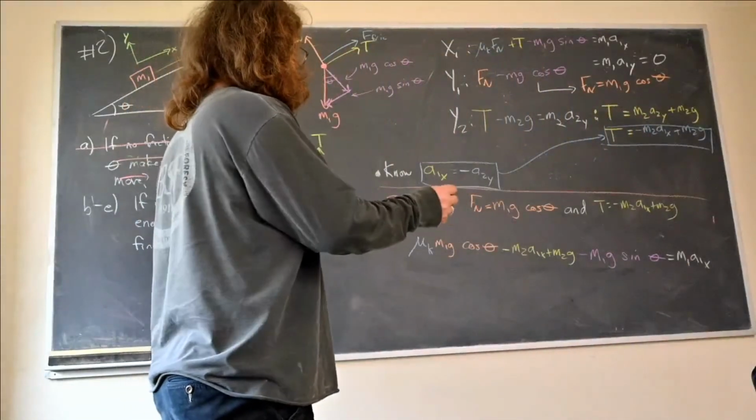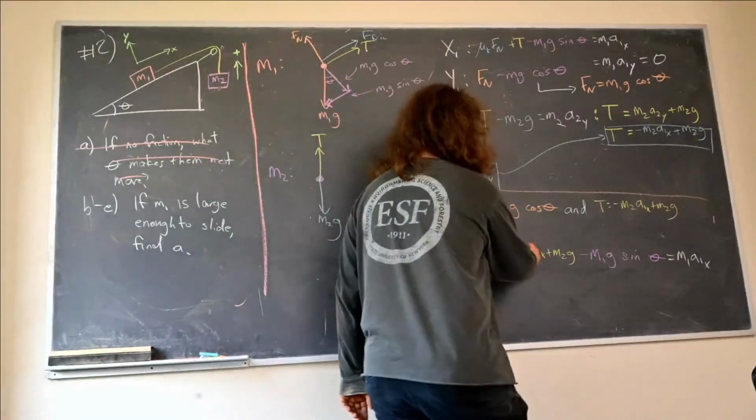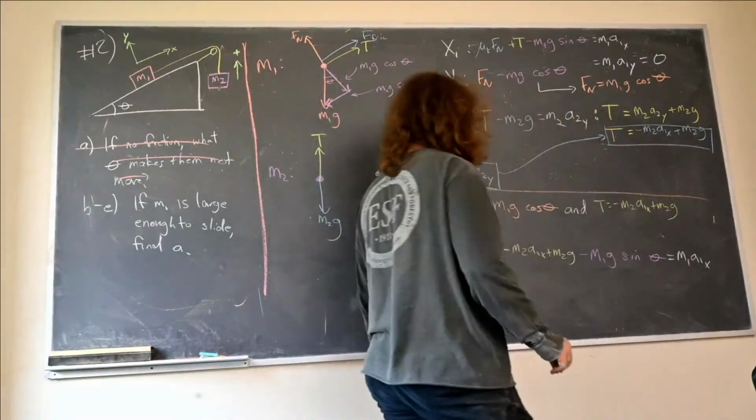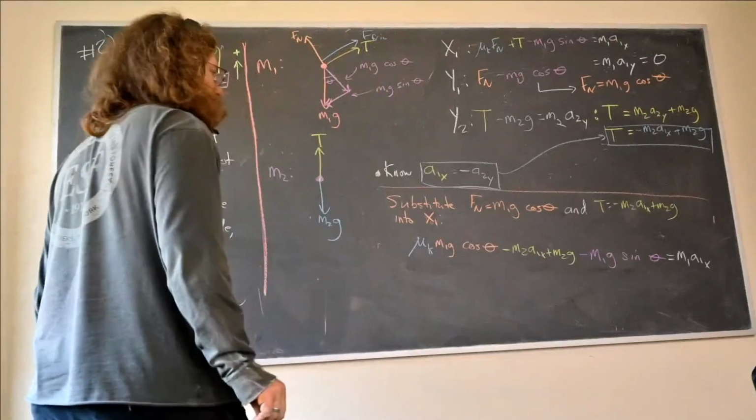So the way to do the algebra is I just take this term, put it over there, and then divide by a1x.